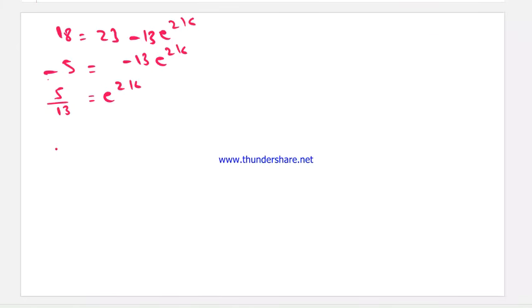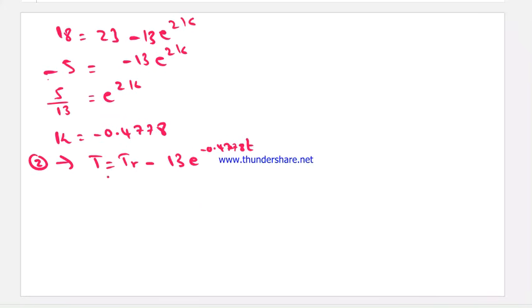That will give us k to be minus 0.4778. So our final equation 2 becomes T equals Tr minus 13 exponential minus 0.4778t.